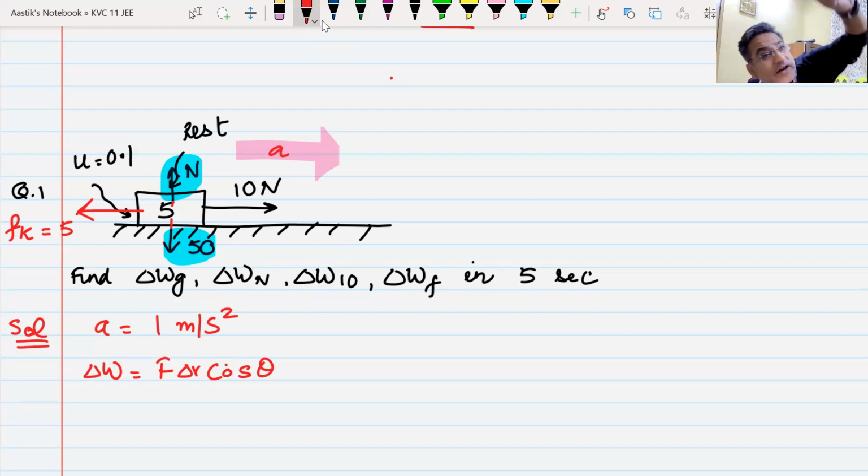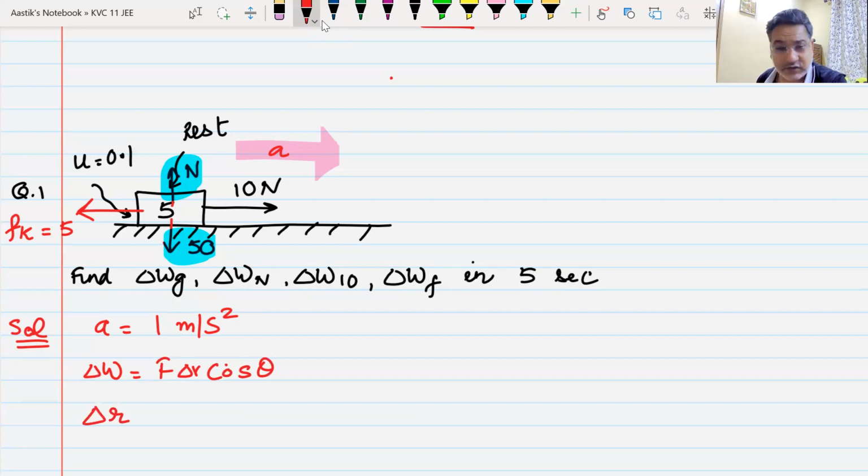Now I have to go back to chapter 1. See, this is physics. Chemical kinetics, dustbin, P block? No, doesn't happen. You have to keep chemical kinetics also together with you, because this is physics, not chemistry. So now I have to find out the displacement.